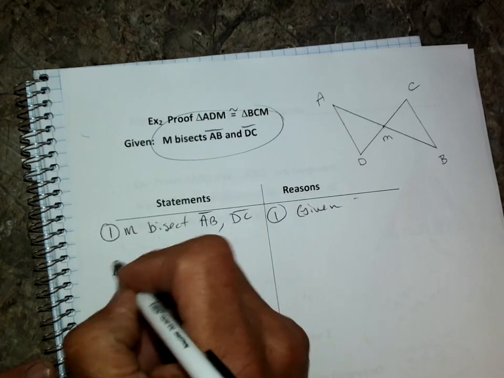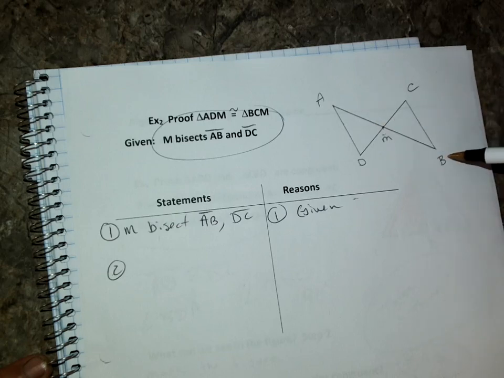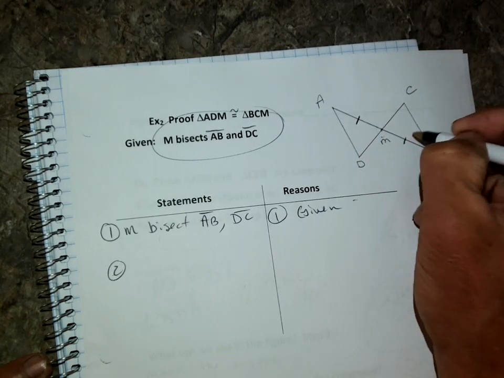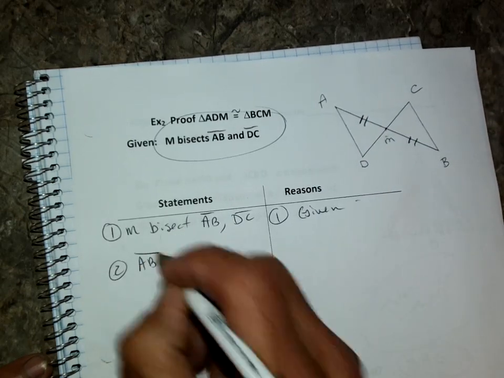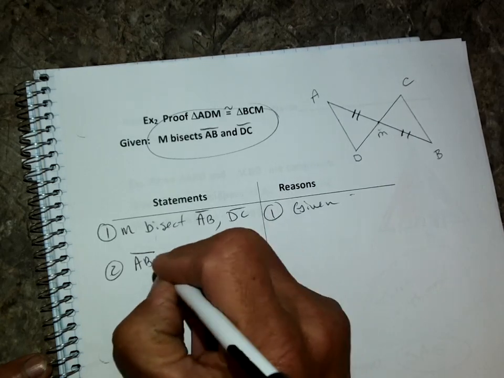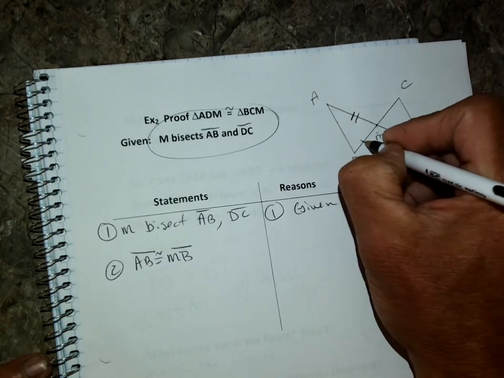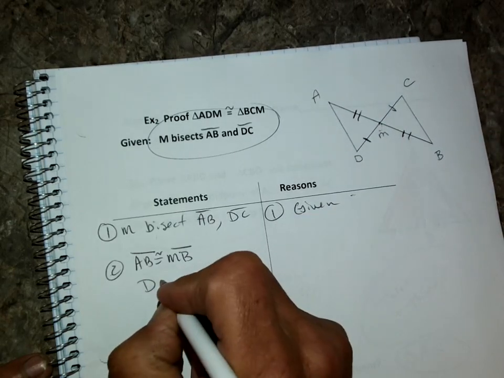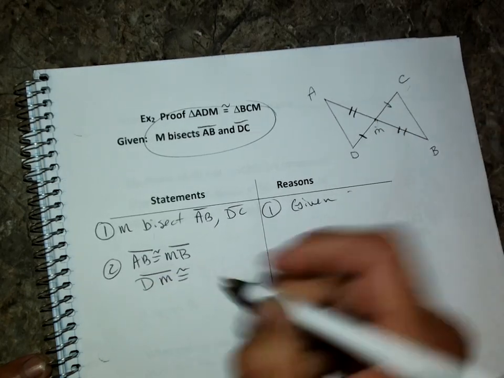So second thing, let's go ahead and mark my figure. If that bisects AB and DC, then I can say that this side is equal to this side. So I'm going to say AM has got to be congruent to MB. And I've also got to say that DM is congruent to MC.